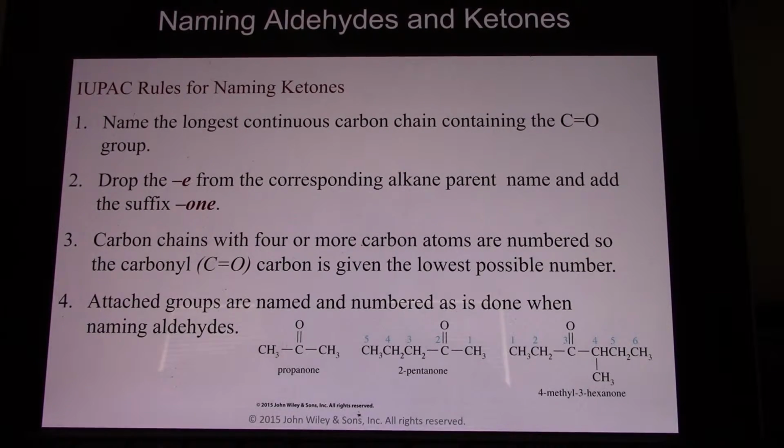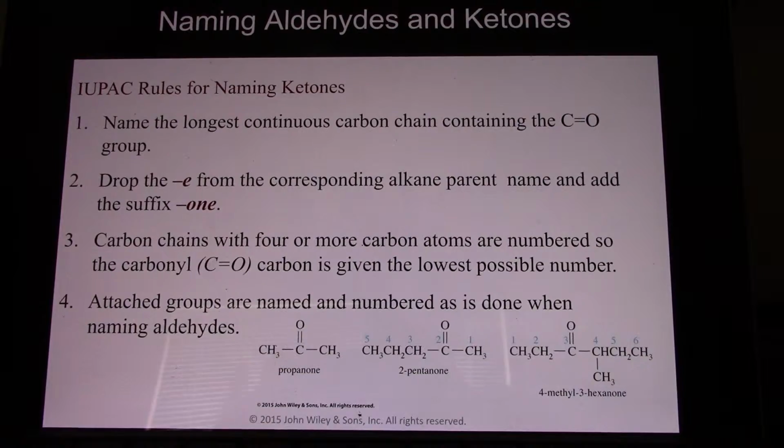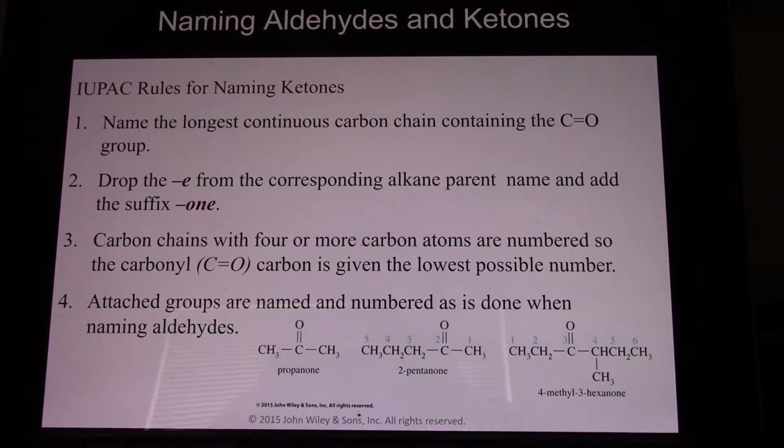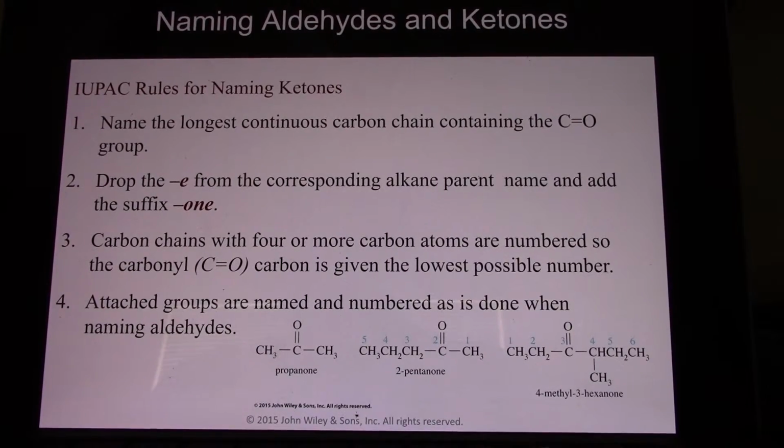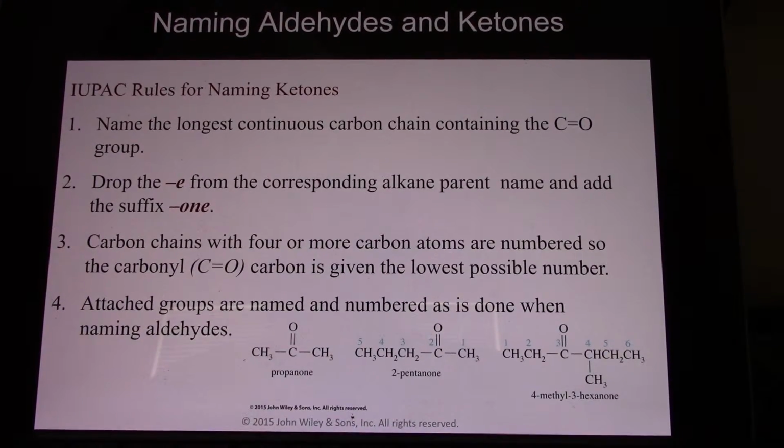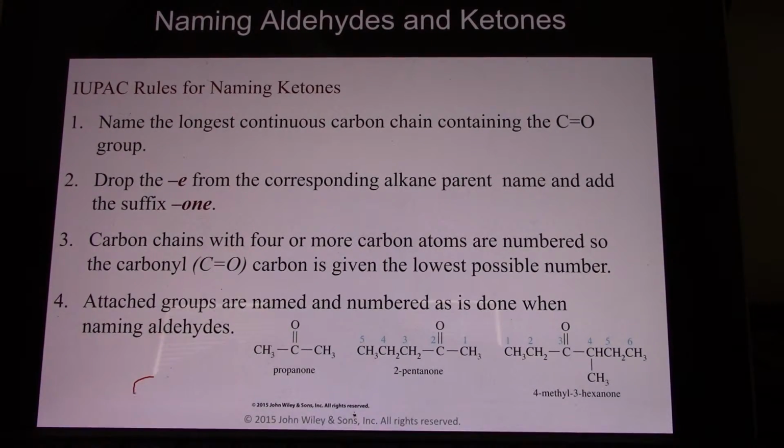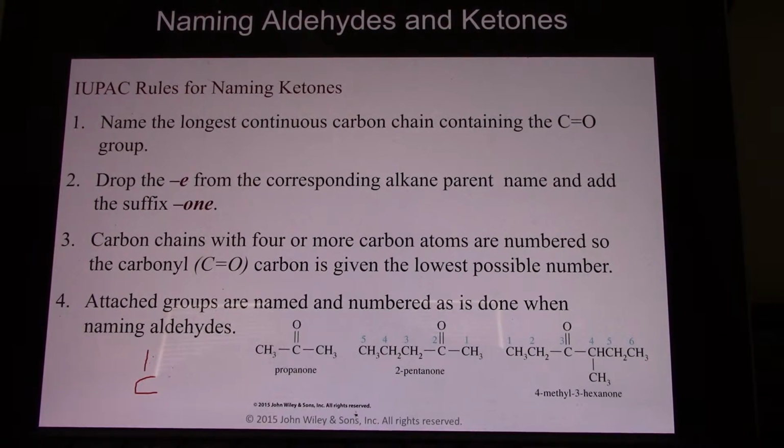You can't have a ketone with just 1 or 2 carbons, because if you only have 1 or 2 carbons, it's going to be at a terminal carbon. So when you have the carbonyl group on just one carbon, you get formaldehyde, and that's an aldehyde.